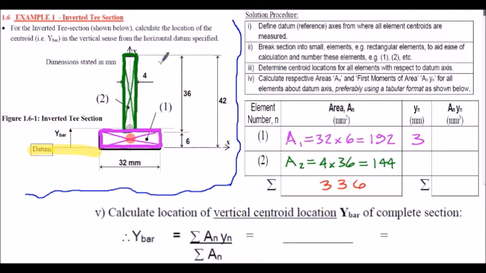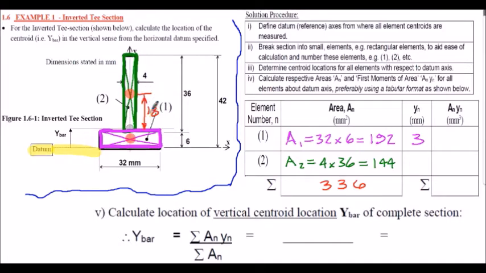Again, if I bisect the corners of this rectangle, then the centroid of element 2 would be somewhere in this region. Because the depth of element 2, the green rectangle, is 36, the distance of its centroid from the top of the flange would be 18 millimeters.